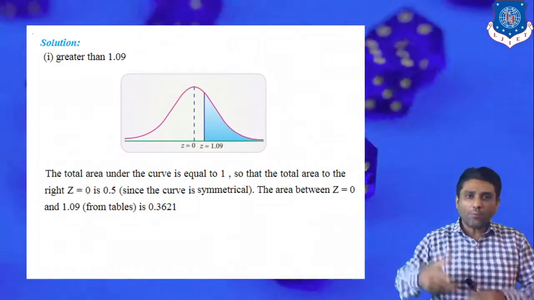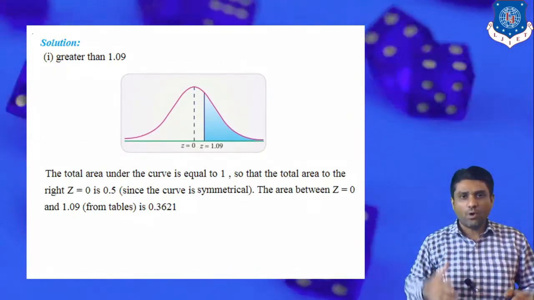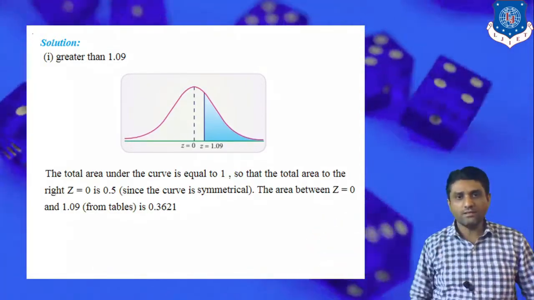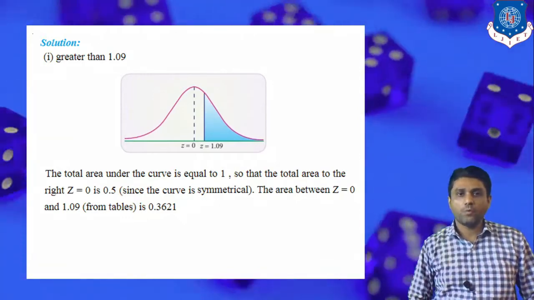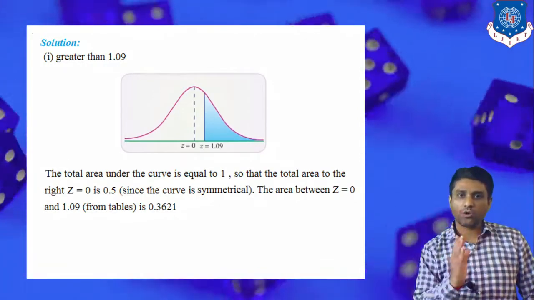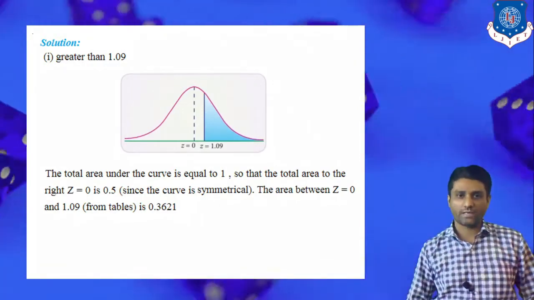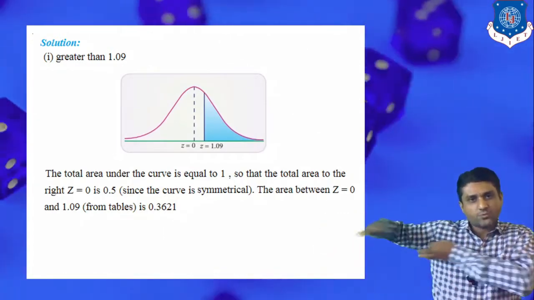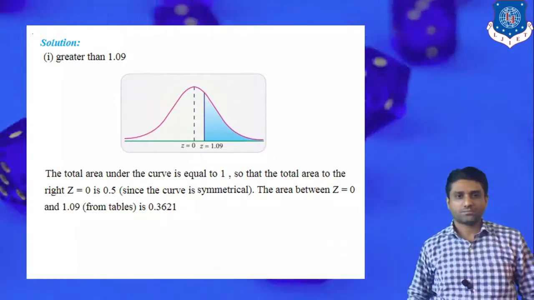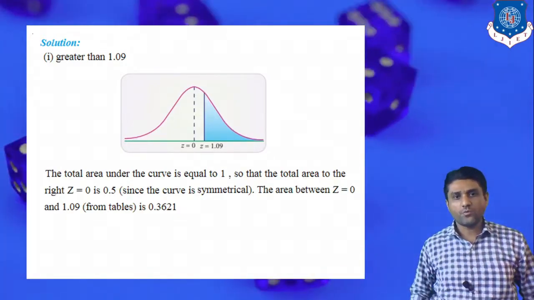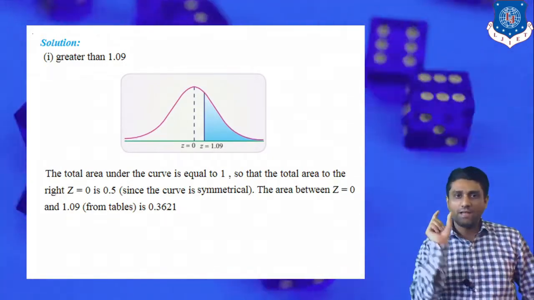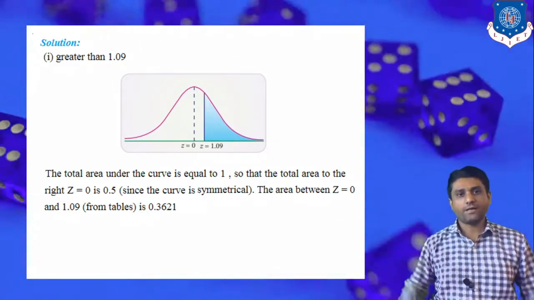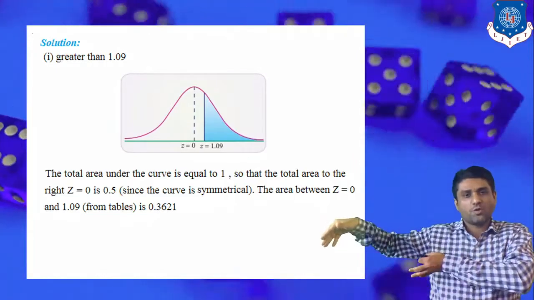So instead of finding the area of z greater than 1.09 directly, what we do is find the area lying between z equal to 0 and z equal to 1.09, and subtract it from 0.5. So our job is done.